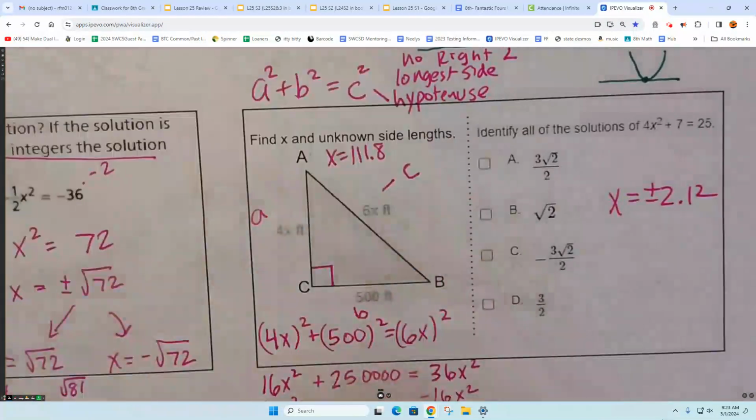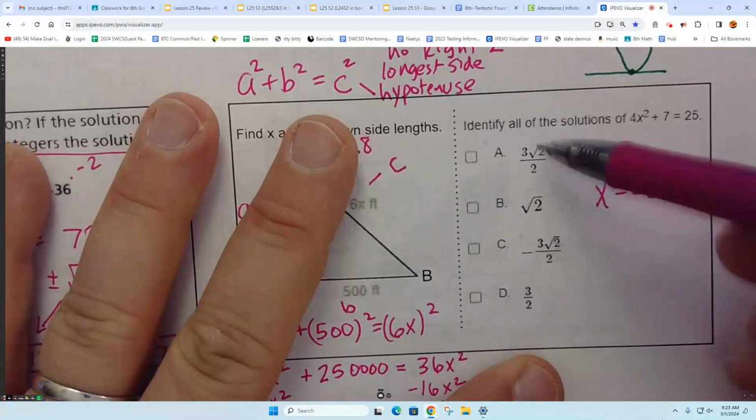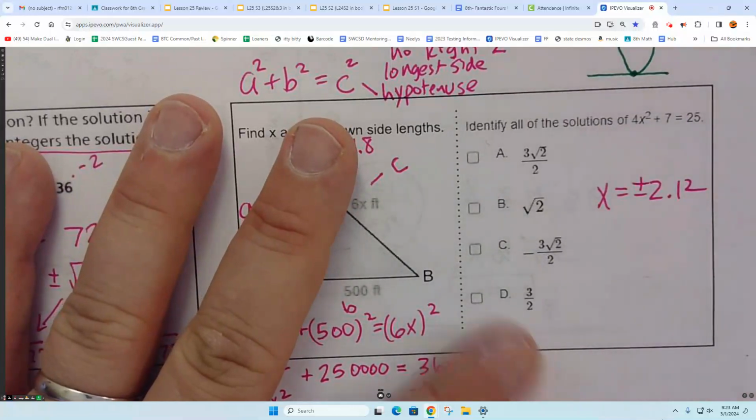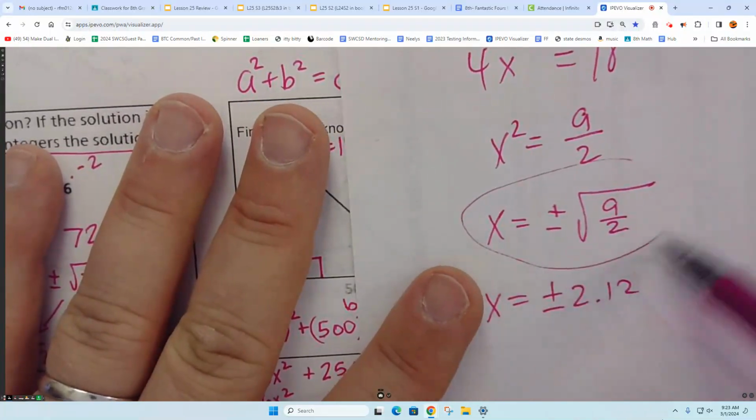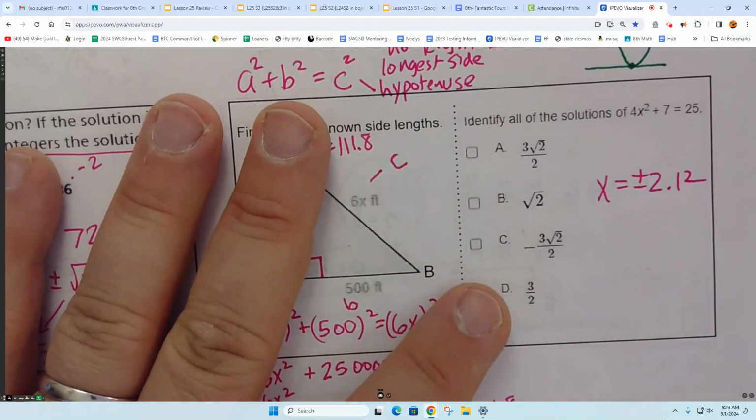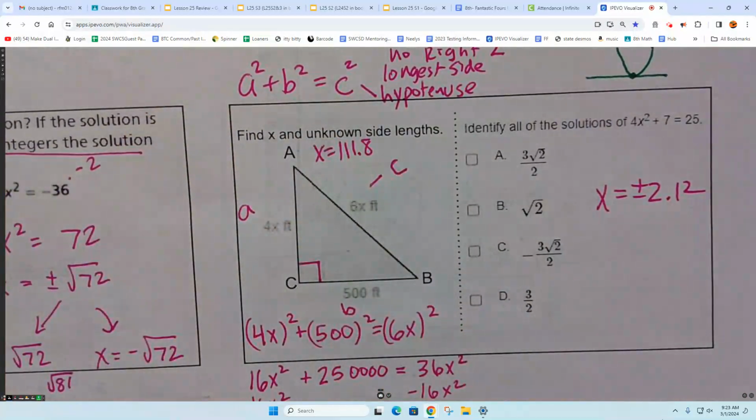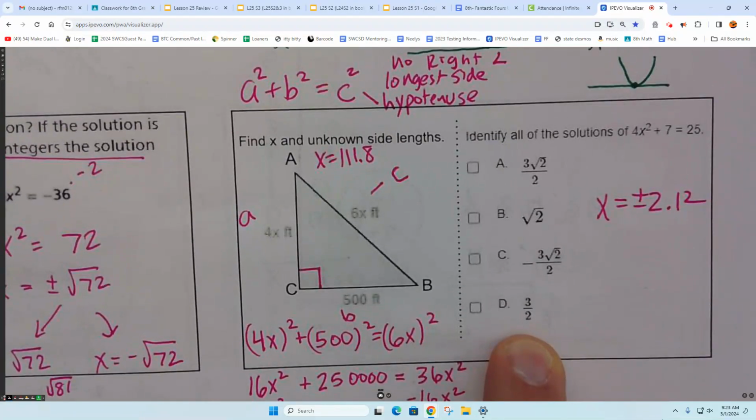Yeah, I rounded it. So it's multiple choice. We do not learn how to convert this into what they're talking about. But if it's multiple choice, how can I pick the correct answer? Elimination. Is the correct answer 3 over 2?